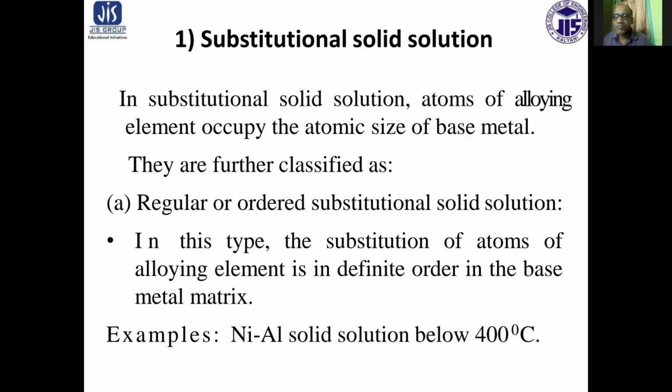In this type, the substitution of atoms of the alloying element is in definite order in the base metal matrix. For example, nickel aluminum solid solution below 400 degrees centigrade is shown as regular or ordered type. Another example, gold copper solid solution up to 400 degrees centigrade is also an example of regular or ordered substitutional solid solution.